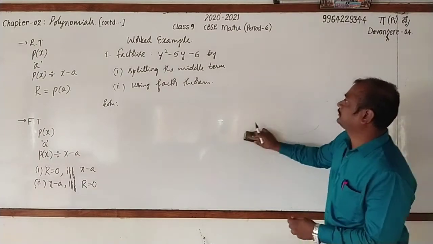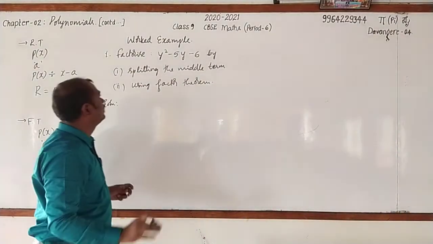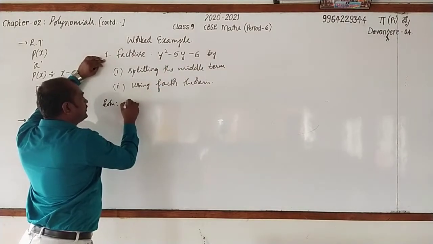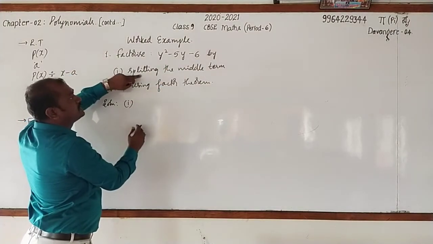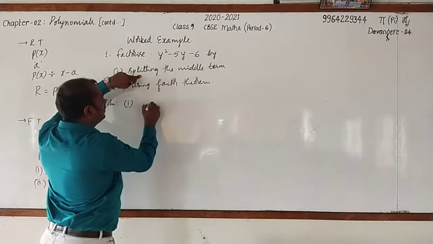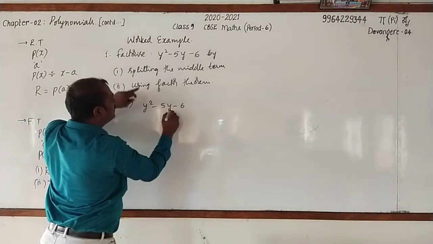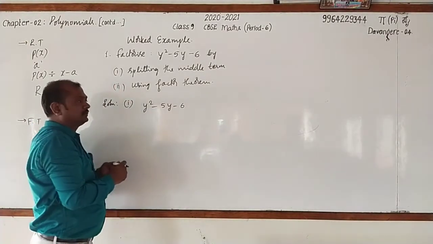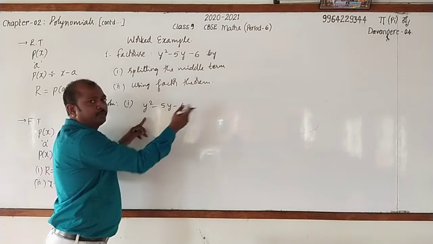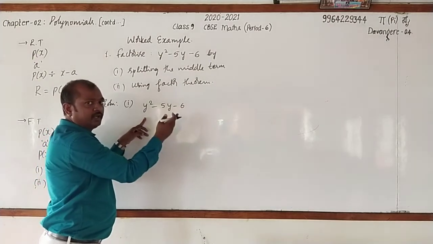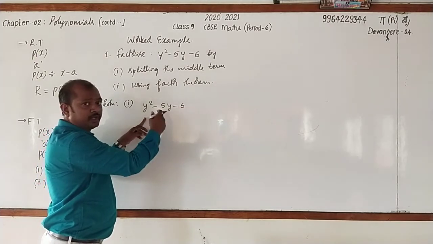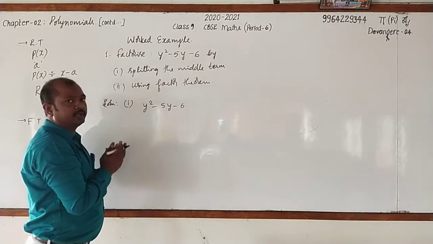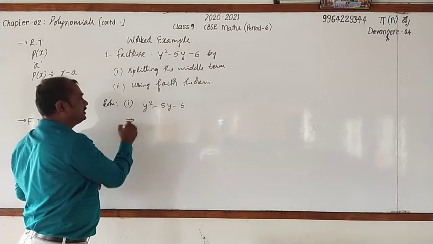I'll take the given polynomial y square minus 5y minus 6 in the first method. What is that first method? Splitting the middle term. Which is the middle term of this polynomial? It is 5y. How are you going to split? It can be split as 1 and 4, 2 and 3, right? Both add up to 5. But there are particular steps I follow for teaching this.